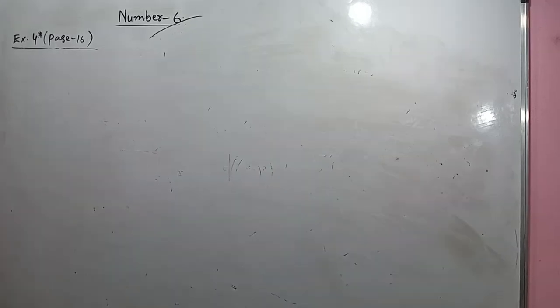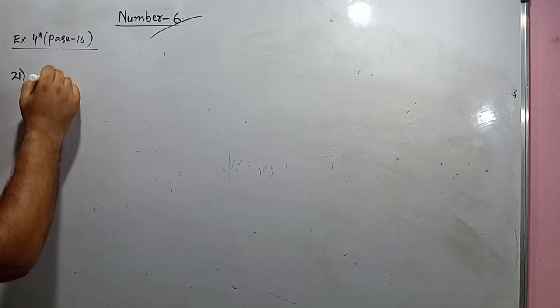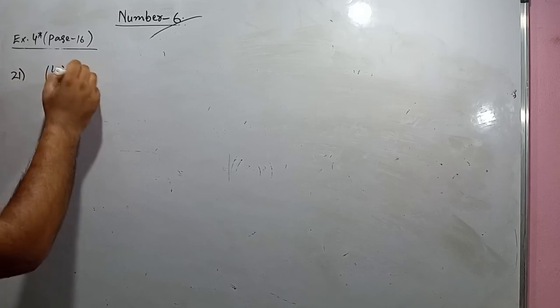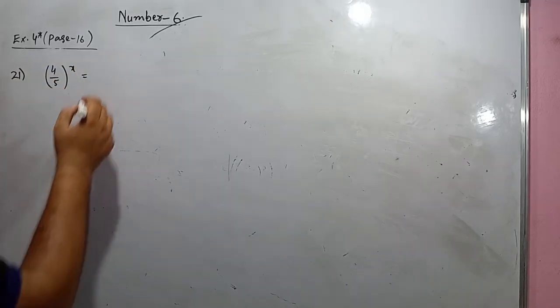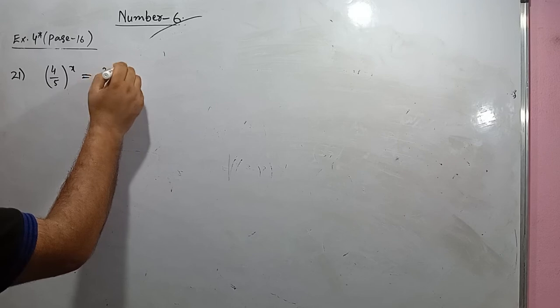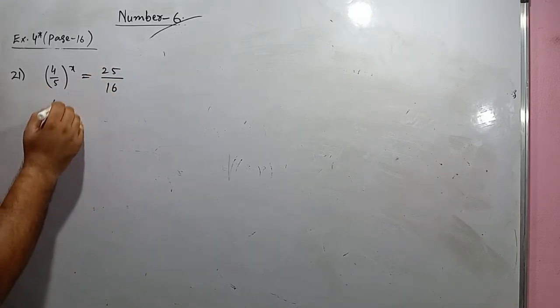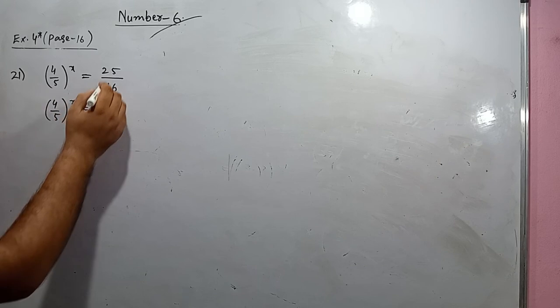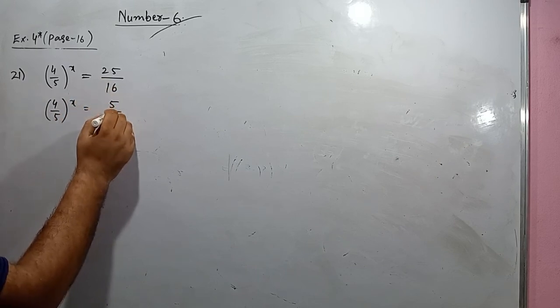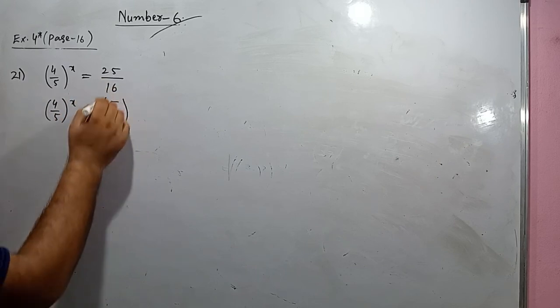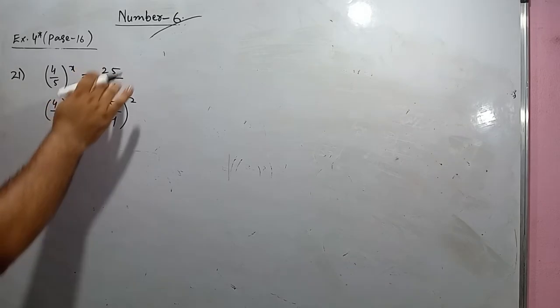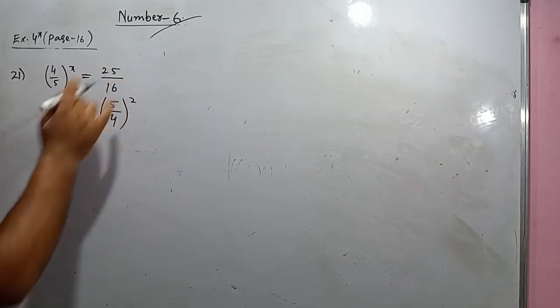Now look at the 21. Question number 21. It's (4/5) whole power x equals to 25/16. So I will write (4/5) whole power x equal to (5/4) whole square, because 5 5s are 25, 4 4s are 16.